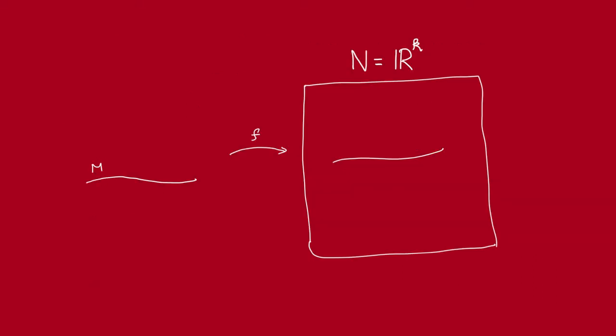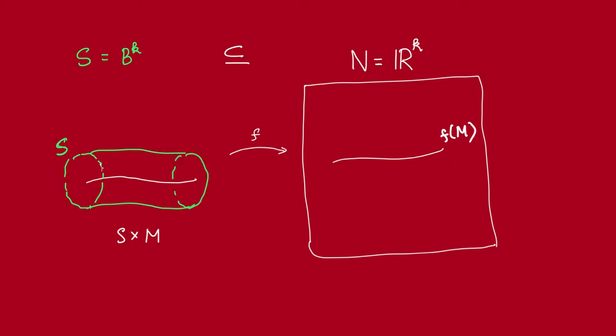To motivate the ideas in the proof of step 1, let us dream a little happy dream and assume that N is actually some Euclidean space. For example, in this picture, I'm drawing N as R^2. Then there is a very easy way to extend this f to a family of smooth maps. The idea is to take the parameter family to be the unit ball inside Euclidean space R^k.